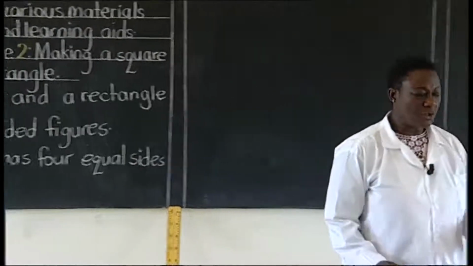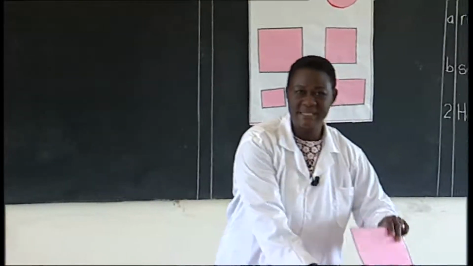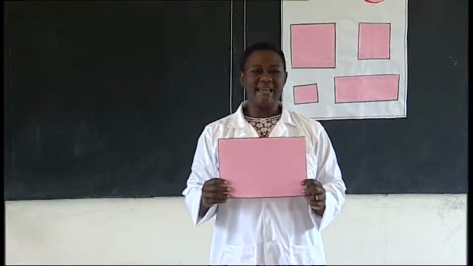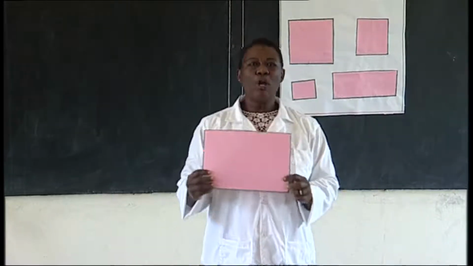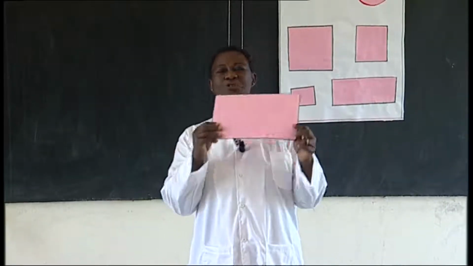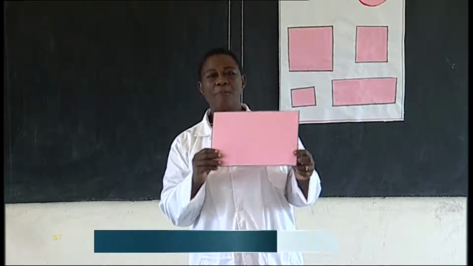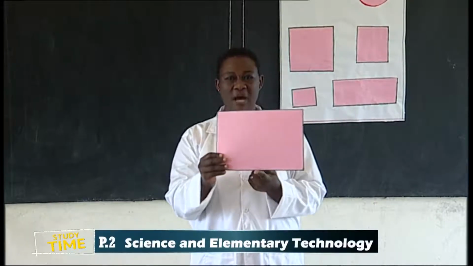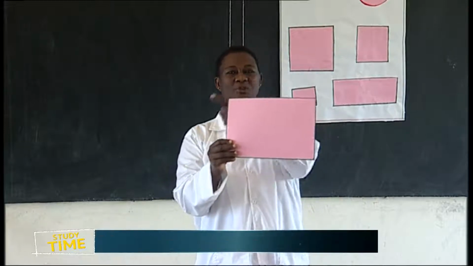When it comes to a rectangle, it is also a four-sided figure. But in this case, it has two equal sides, opposite sides, meaning that this side is equal to this one, and this side is equal to this one.